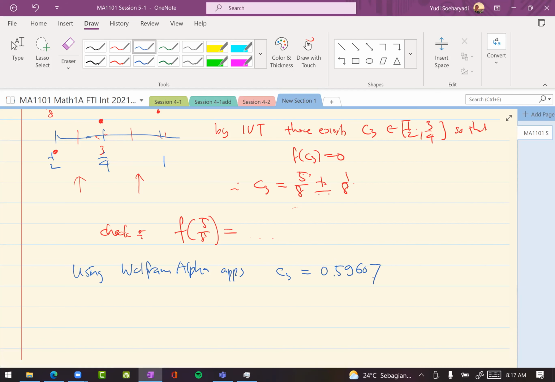And 5/8 is 5 divided by 8. So you see that this number is within this margin of error.